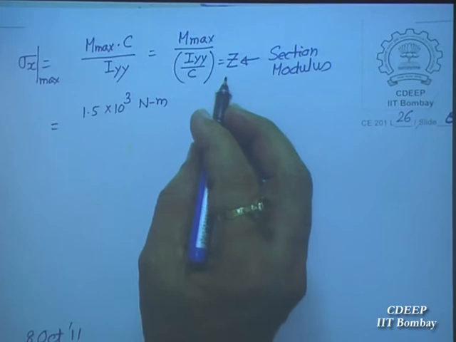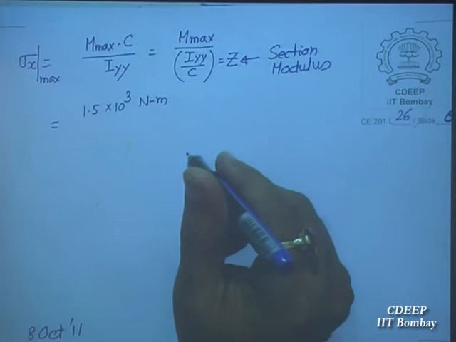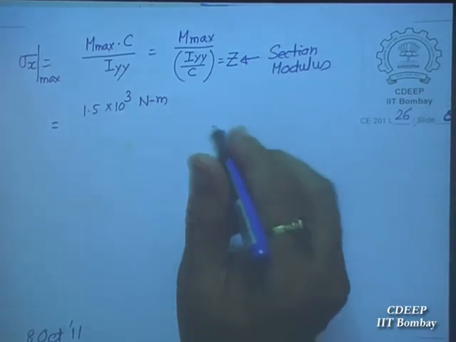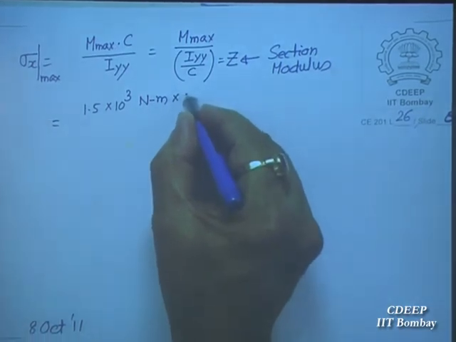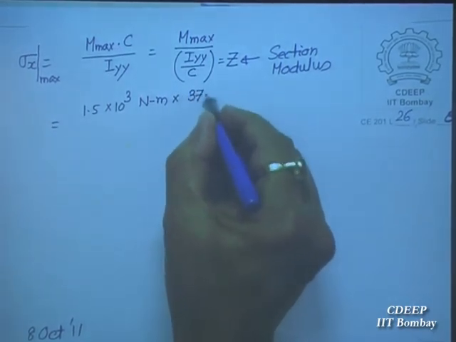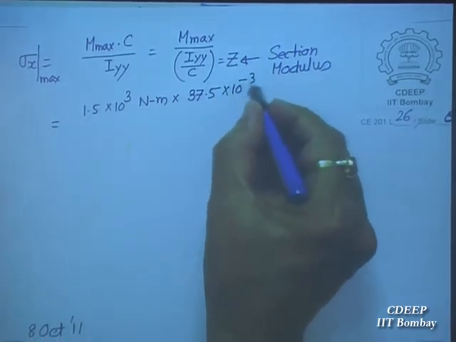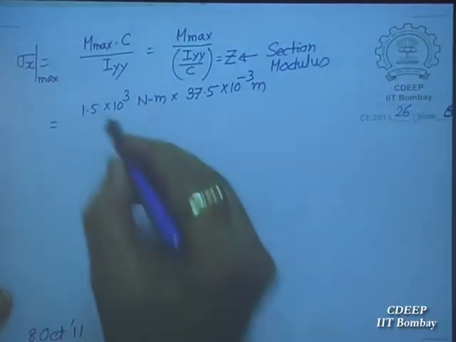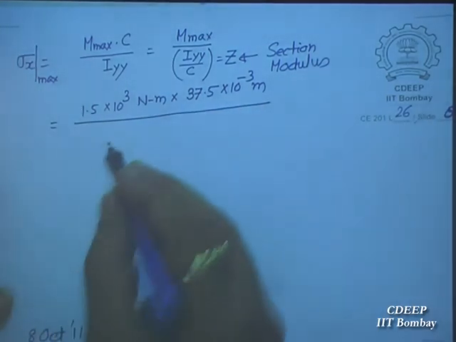And into c, for sigma x. What is the depth? Half of 75, how much is half? 37.5 into 10 to the power of minus 3 meter. So I am writing everything in Newton and meter.